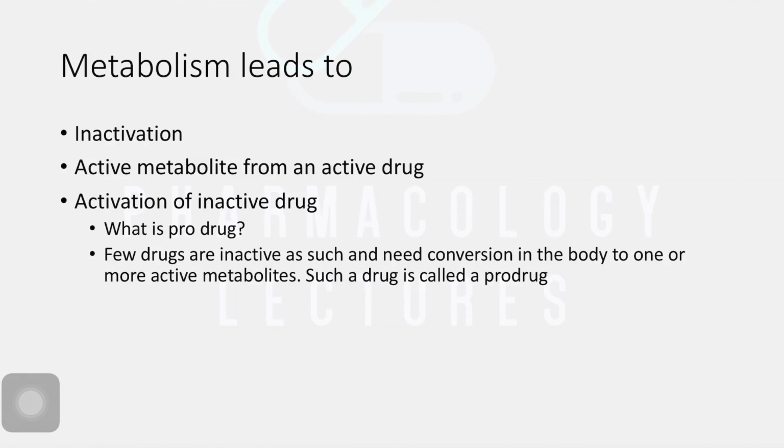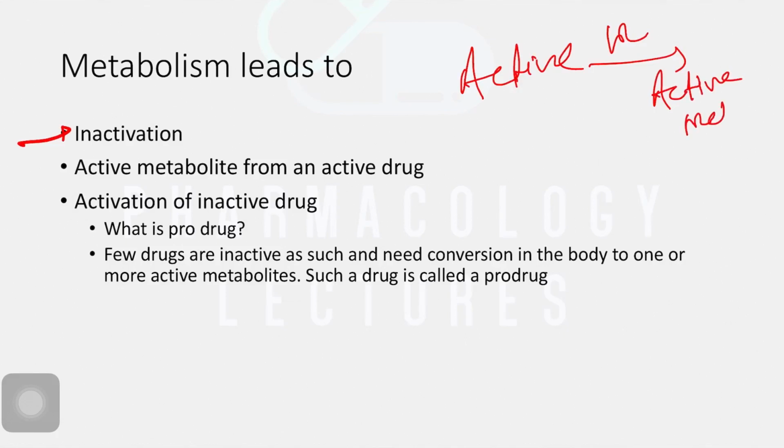So metabolism leads to what? Most of the time metabolism makes the drug inactive, but that's not the only role of metabolism. There is another role as well. Few drugs are active, and because of metabolism they produce active metabolites.